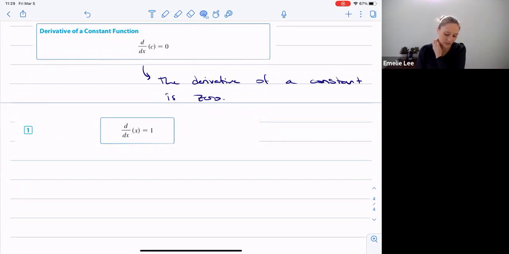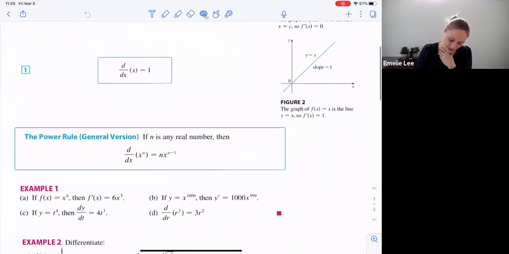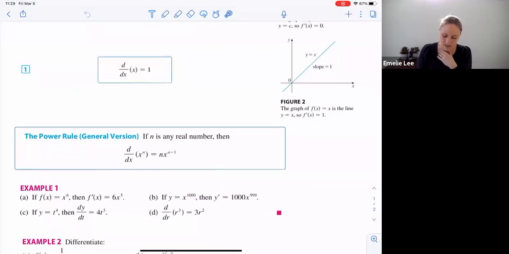And then the third one I want you to accept as true for now is the power rule. So the power rule says that if you have x to the power of n and you want to take the derivative of x to the power of n, what I do in my mind is I just kind of bump it from the right. And what happens is that this n falls down in front, so now you've got n times x.